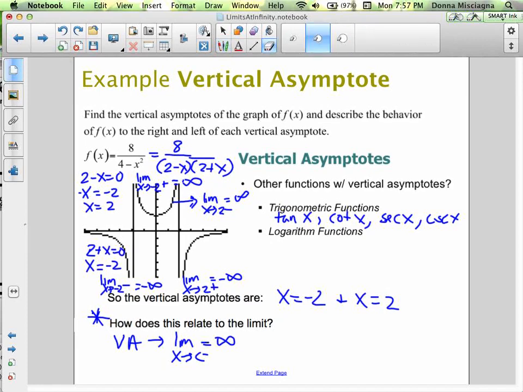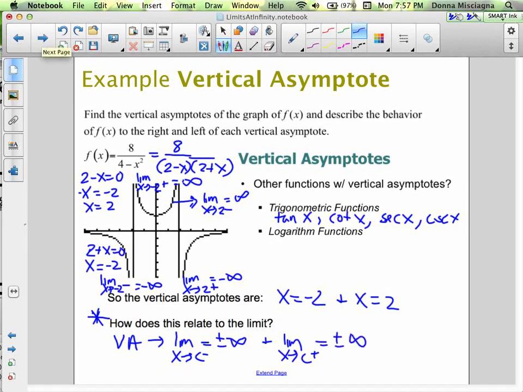And the limit as x approaches some constant from the right-hand side is equal to positive or negative infinity.